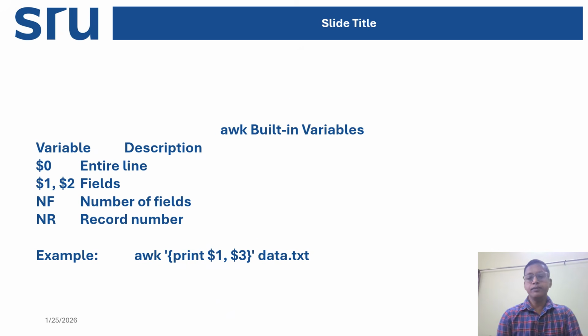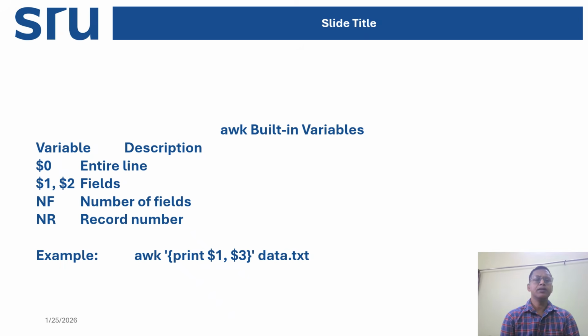So here, these are AWK built-in variables. Suppose some text file is there. The text file may contain data which is almost similar to a table.